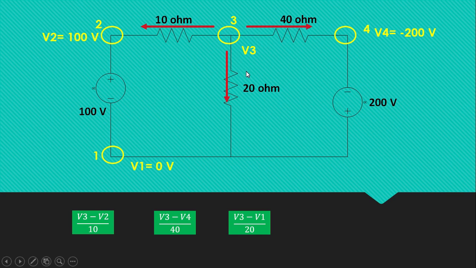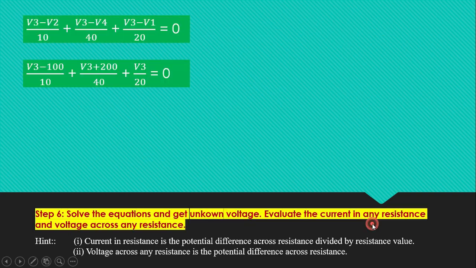If we apply KCL, then the sum of all these three currents should be equal to 0. Now in this expression, you know the value of V2, which is 100, V4, which is minus 200, so minus 200 will give me plus 200 over here, and V1, which is 0, so this will remain V3.